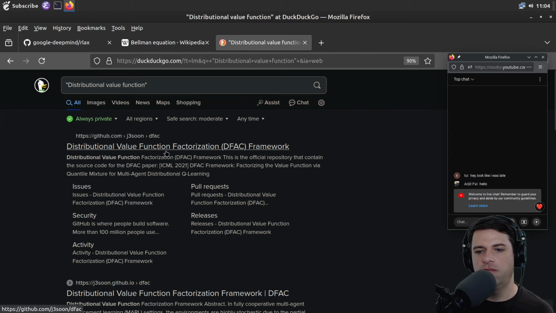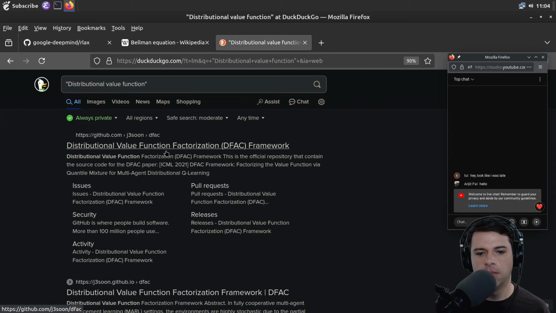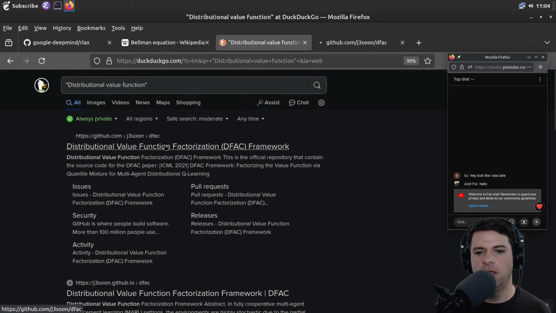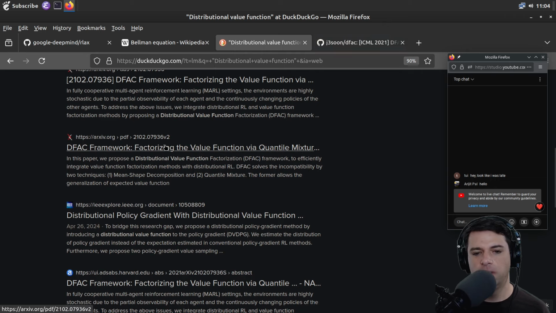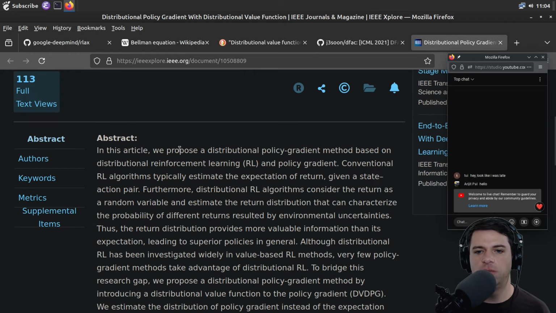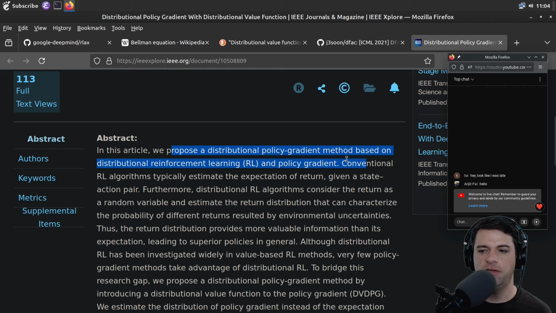Distributional value function factorization. Is that the same sense of distributional value function? Distributional policy gradient? Yeah, I think it probably means a statistical distribution. We propose a distributional policy gradient method based on distributional reinforcement learning and policy gradient.